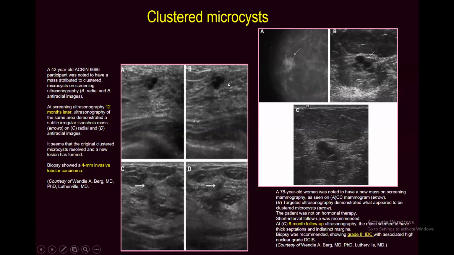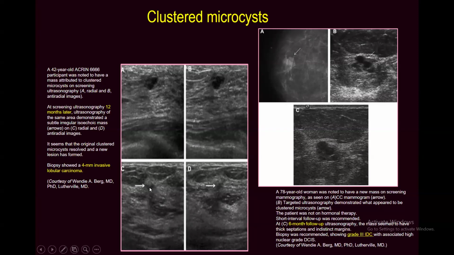This is a microcyst. After 12 months follow-up, these cysts disappeared, but there is this area seen here, subtle distortion. Don't say after resolution of the cyst this might be the residual part. No, this is subtle hypoechoic distortion.